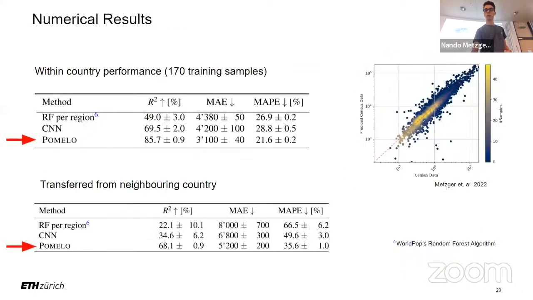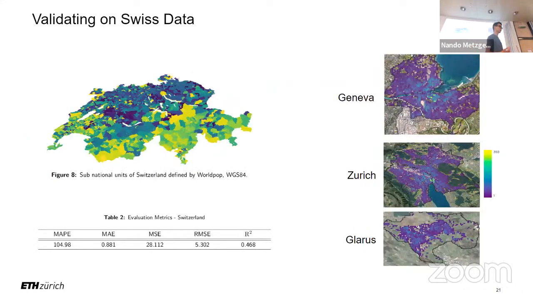All right. So there is also a third way of how you can validate your population maps, and this is basically just testing on a developed country and seeing how it performs. This was also done by one of our bachelor students.